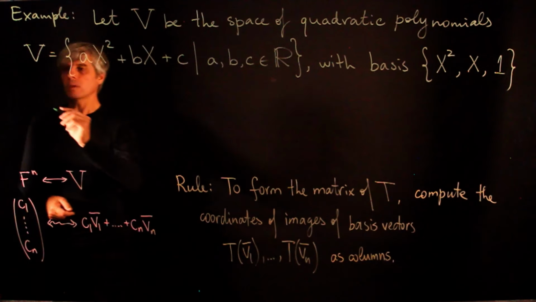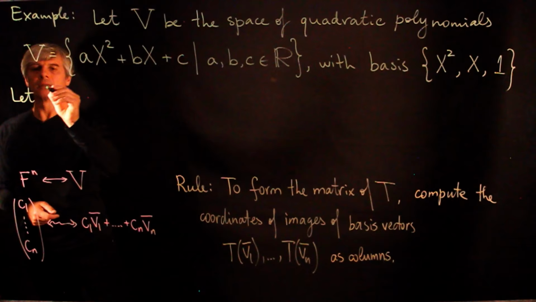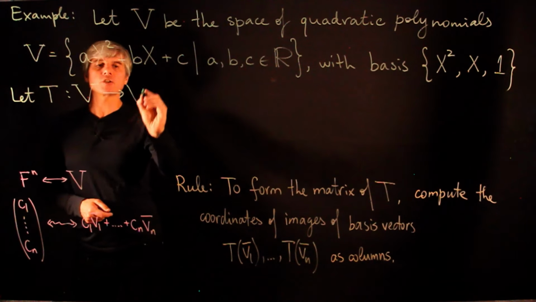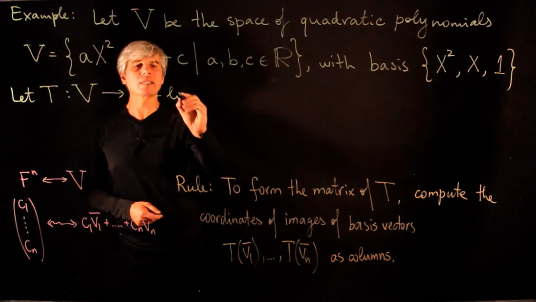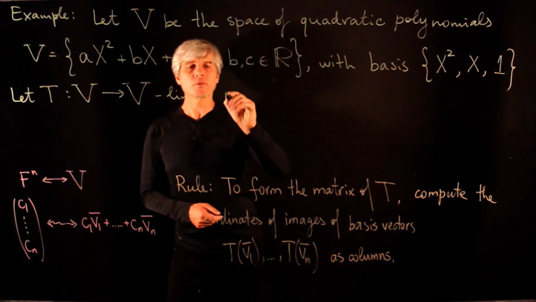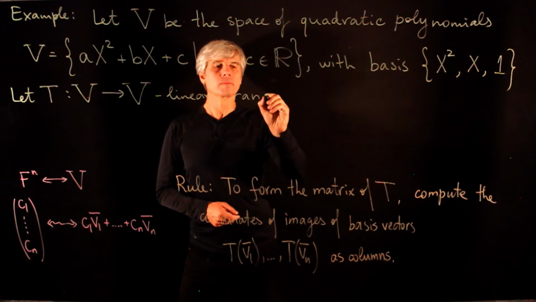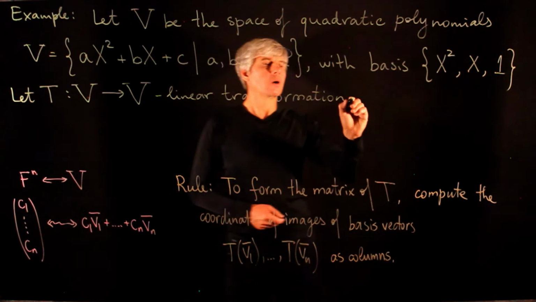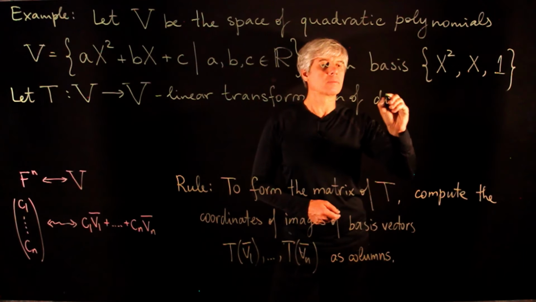And now let T be a transformation from V to V. So this is a linear transformation of differentiation.